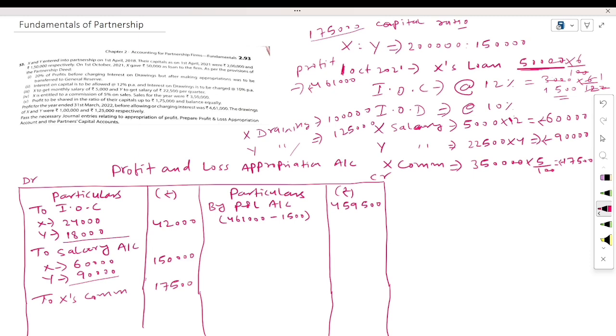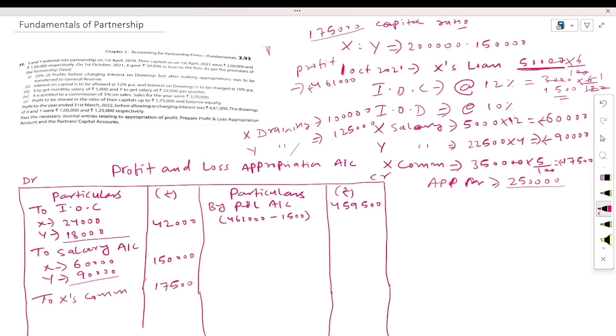If we make the appropriation on this amount, what will be the appropriated profit? 4,59,500 minus 150,000 minus 42,000 minus 17,500. If we calculate the appropriated profit, the amount will be 2,50,000.